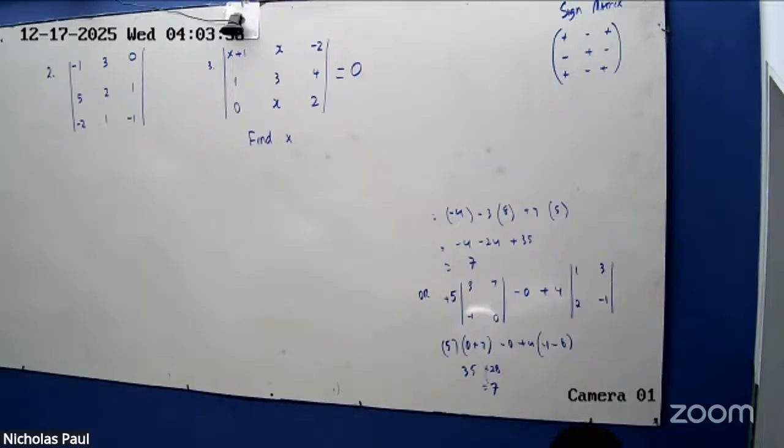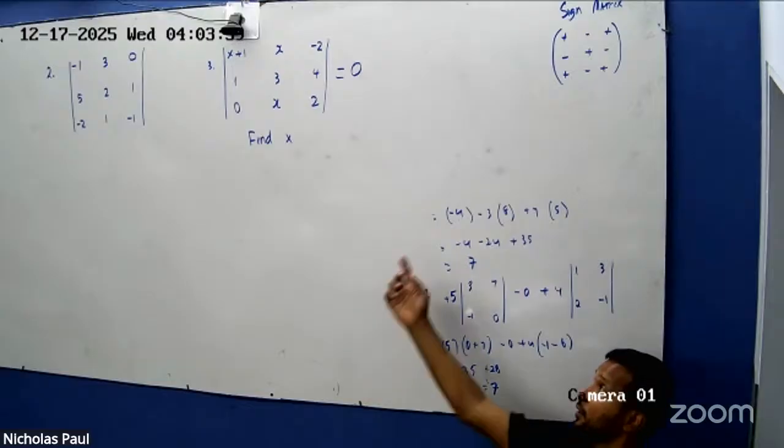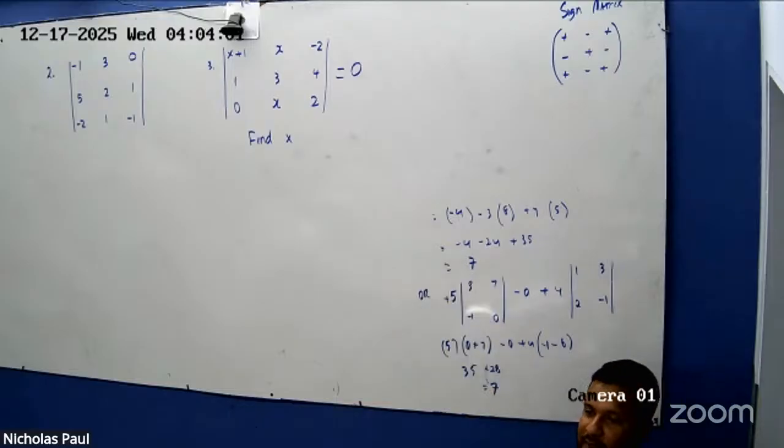Multiply by 2 and still up. But try the next one too. Try the next one, right? The determinant is 0. So you're working backwards. They told you what the determinant is.